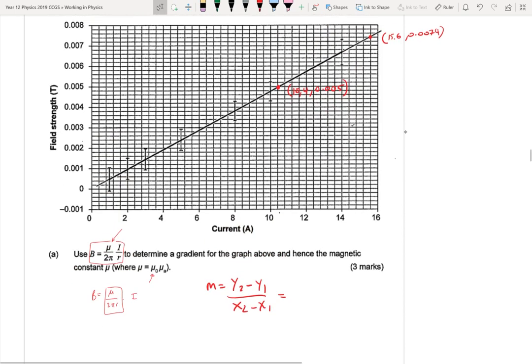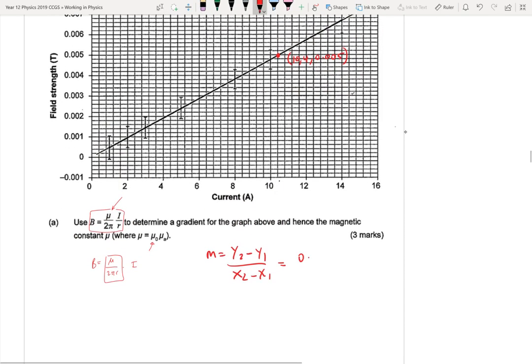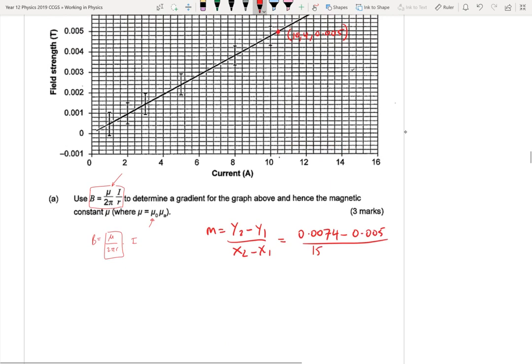Now Y values. 0.0074 take 0.005, over 15.6 take 10.4. 4.62 is what I get. 4.62 by 10 to the negative 4.